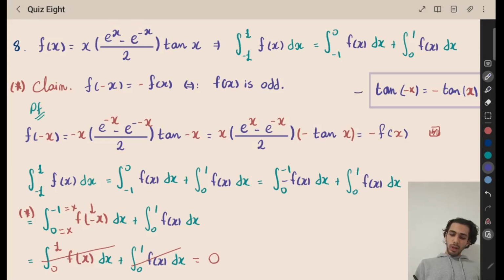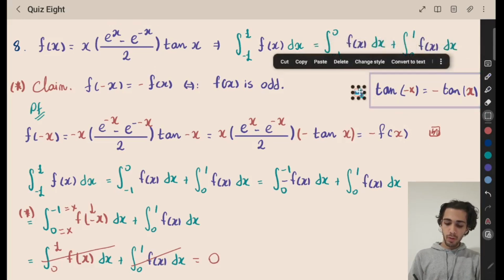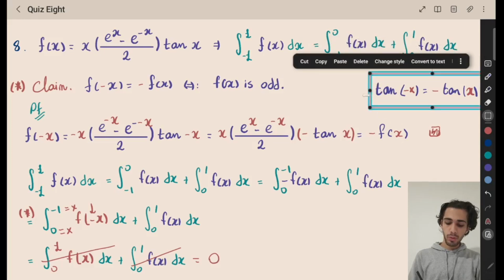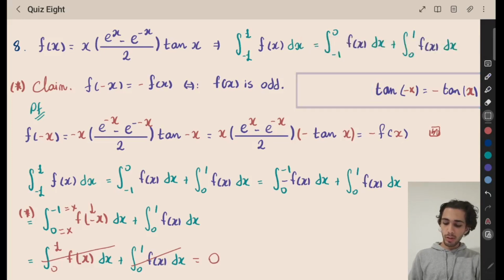And now this perhaps requires a bit of convincing. So if you are interested, maybe just give me a moment and I'll look into it. So I've looked into this and it's actually not that difficult to see. So this is actually true because if you look at the definition of the tangent function, it's the sine of minus x divided by the cosine of minus x.